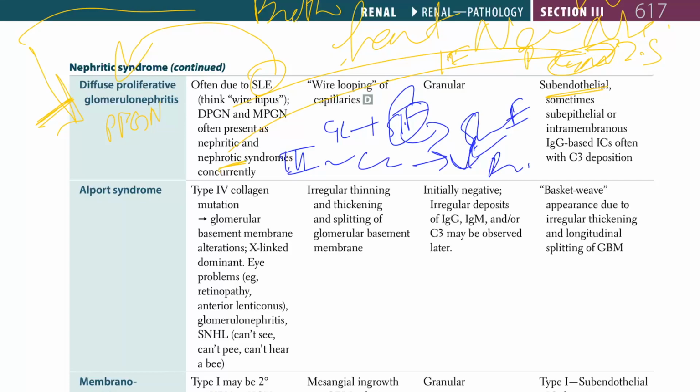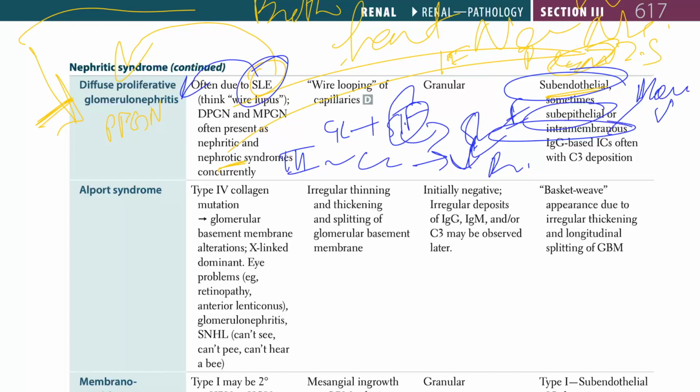It can deposit anywhere, either subepithelial or intramembranous, which is also called mesangium. So whenever you see SLE relating to nephritis, could be nephritic or nephrotic, think about DPGN.